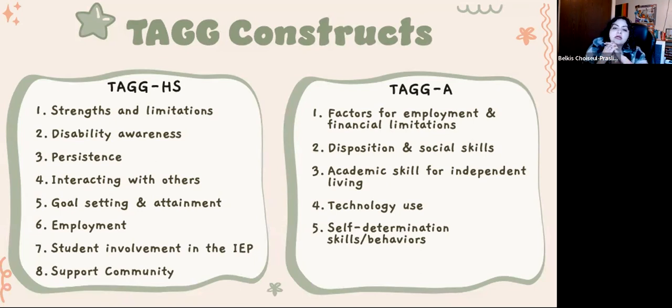So it's looking for what factors are affecting students in gaining employment and financial stability. It's asking questions related to a student's general character and disposition and their social skills, their preliminary academic skills that will support independent living, their ability to use technology, because technology is like the key to everything for youth especially, and their self-determination skills and behaviors.